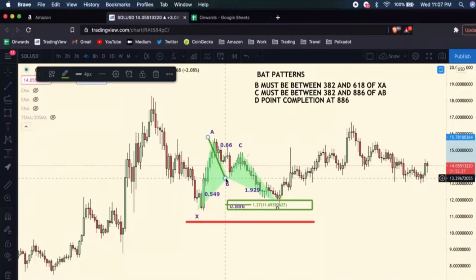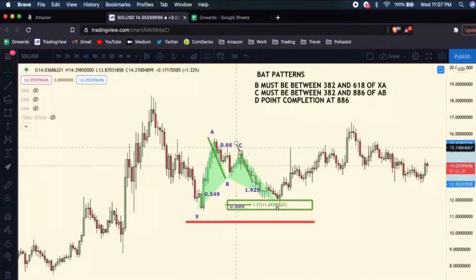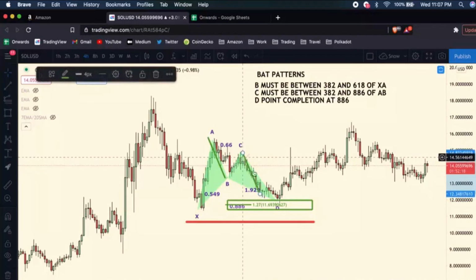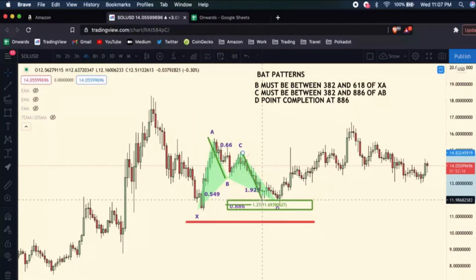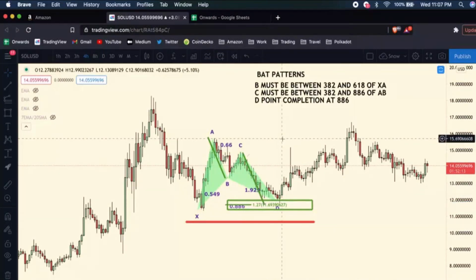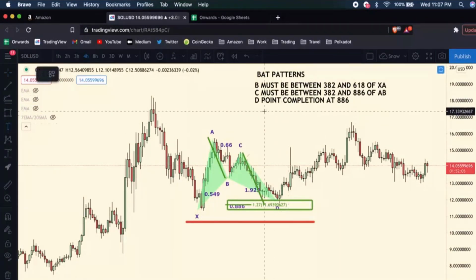Remember, a Gartley pattern required an AB equals CD move. Well, look at this. A bat pattern requires a minimum alternate 127 AB equals CD move. So let's add that rule.